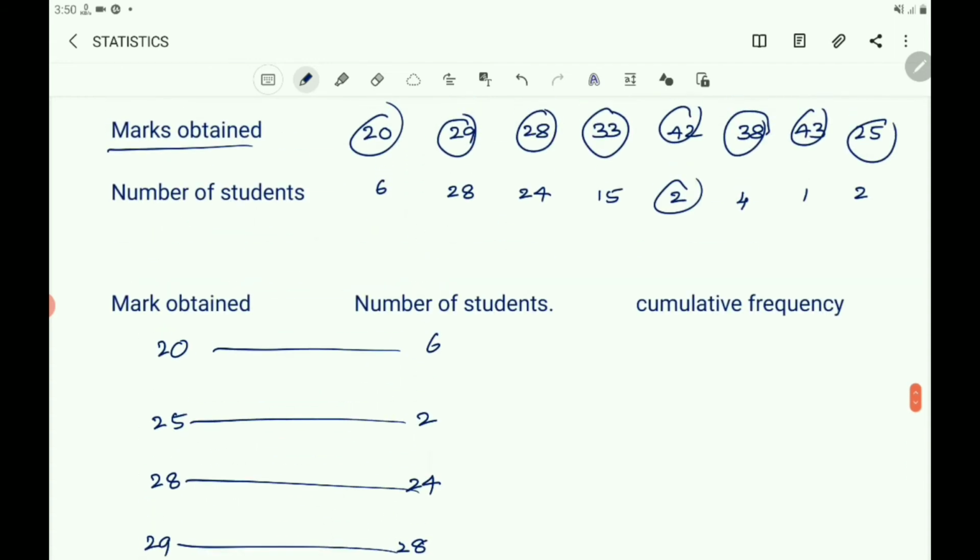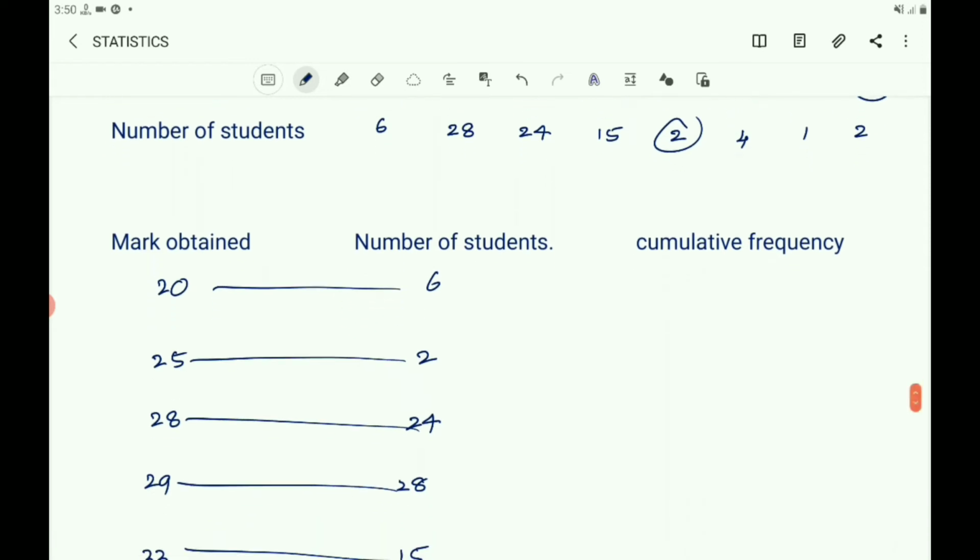And next, one more column is required here, that is cumulative frequency. So what is that cumulative frequency? Here you write, you know that 20 comes 6 times. And up to 25, 6 plus 2 equals 8.